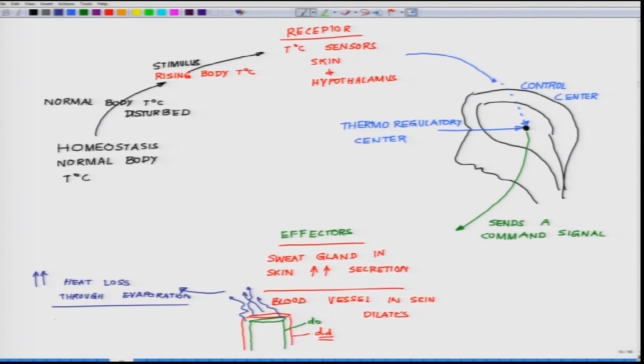Second, there is increased heat loss through radiation, again because you have more surface area.